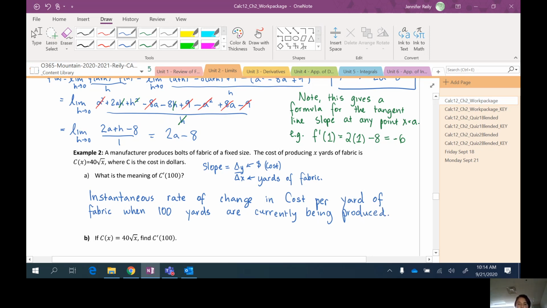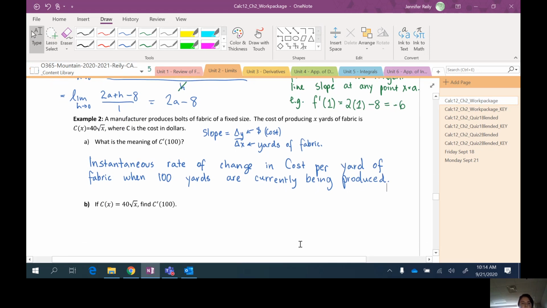So writing out the units, for me anyways, is helpful when I'm trying to interpret what a slope means.